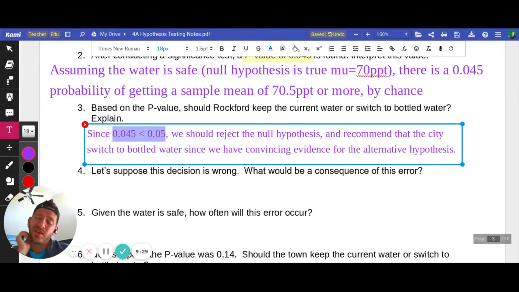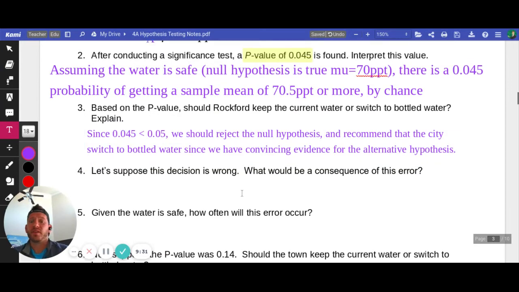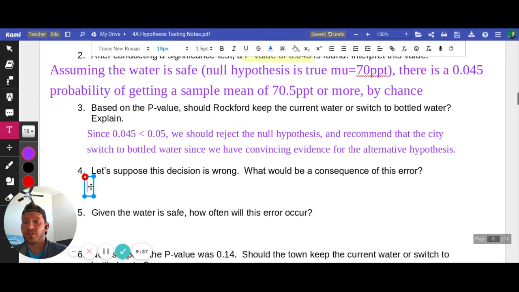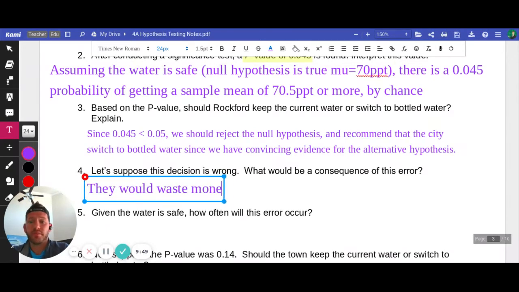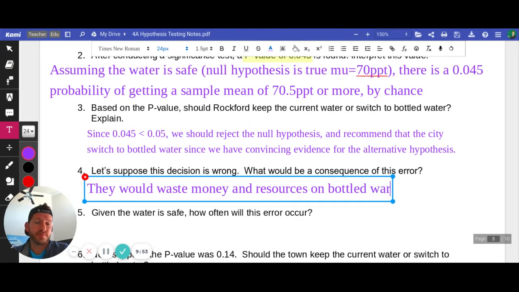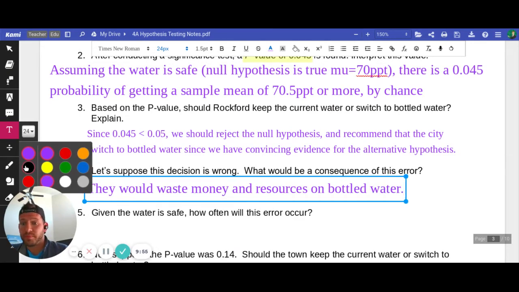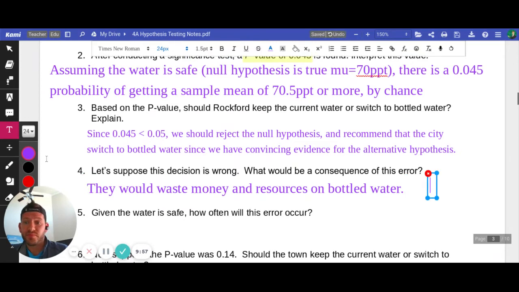So now we've got to talk about errors. Let's suppose that this decision is wrong. What would be a consequence of this error? If they say, hey, drinking water is not good, please drink bottled water, but the water was actually okay, they would just waste money and resources on bottled water.